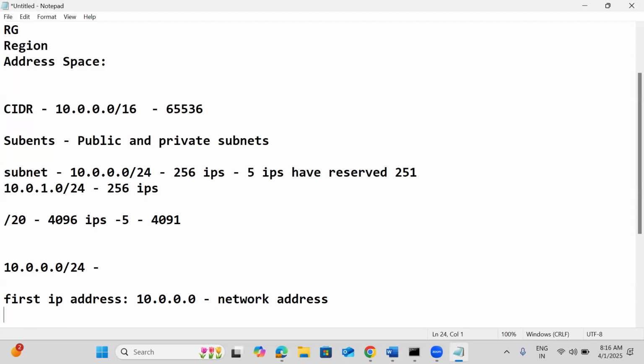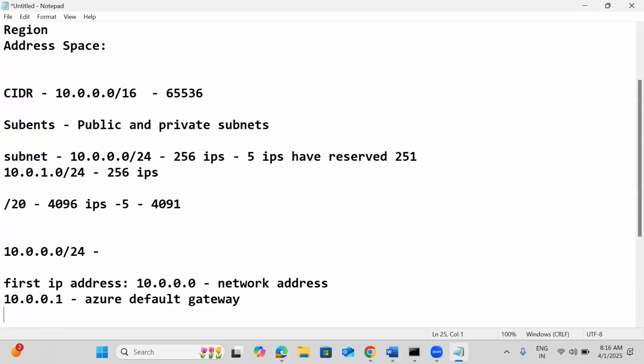The next address is the gateway address, 10.0.0.1. It is used as the Azure default gateway, which will route the traffic inside that VNet or subnet.